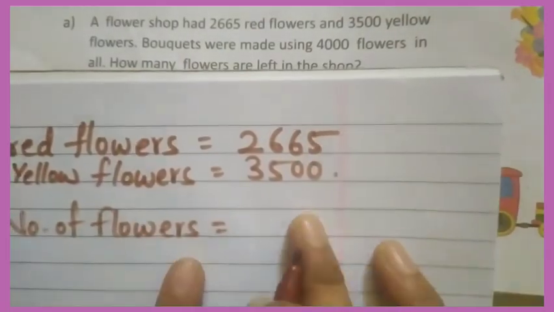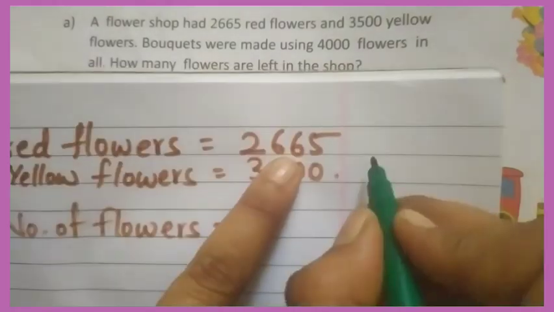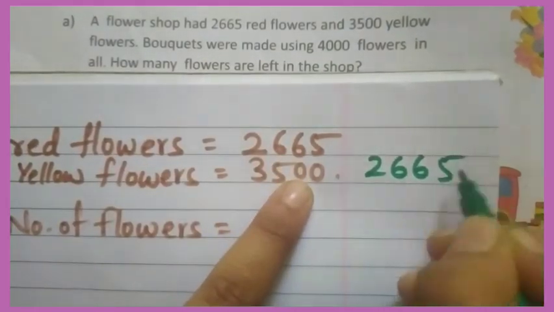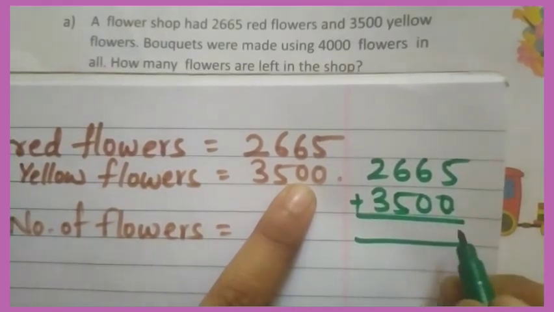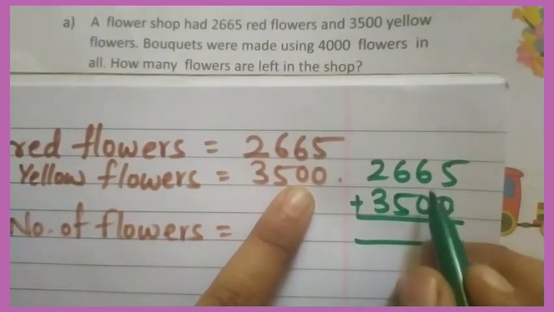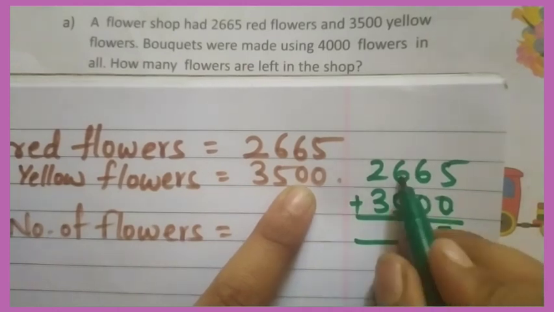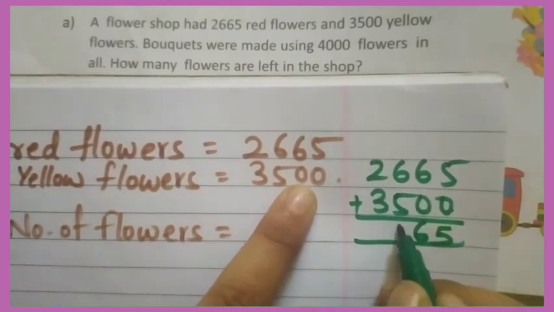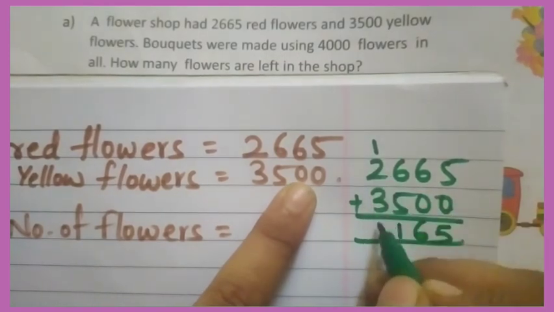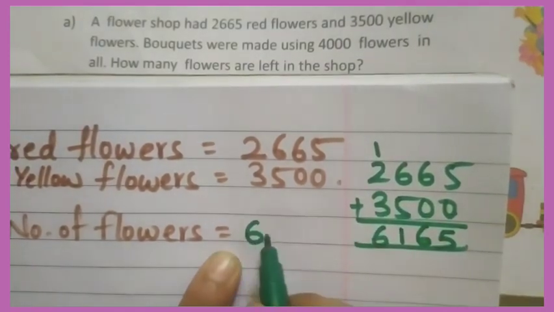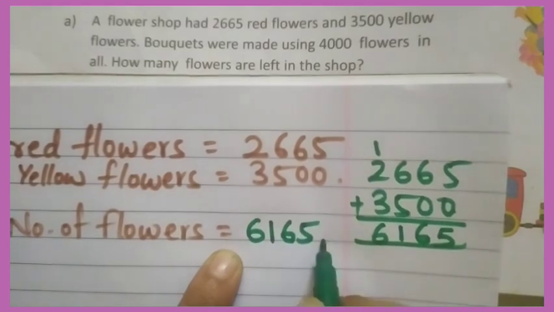Add these two, we'll get total number of flowers. 2665 plus 3500. 5 plus 0, 5. 6 plus 0, 6. 6 plus 5, 11. 1 here, 1 taken as carry. 1 plus 2, 3. 3 plus 3, 6. Therefore, we got 6165.